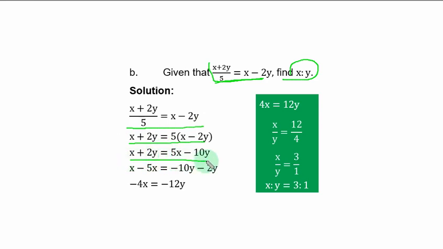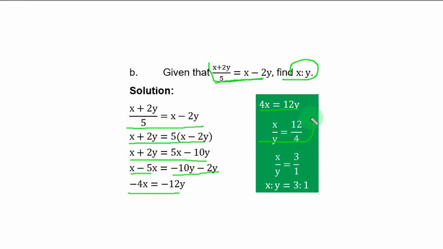Now for us to have S over y, let's keep the S on the left hand side and y on the right hand side. So if you add, you have minus 4S equal to minus 12y. If you multiply through by minus 1, both sides become positive. For us to have S over y, you have to divide through by y and at the same time divide through by 4. So you have this result.